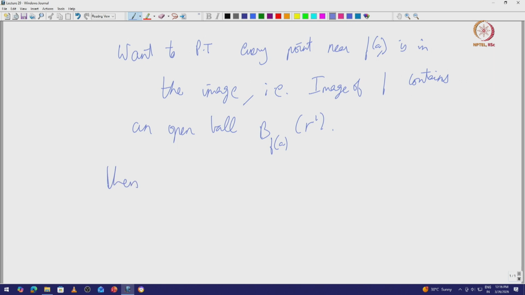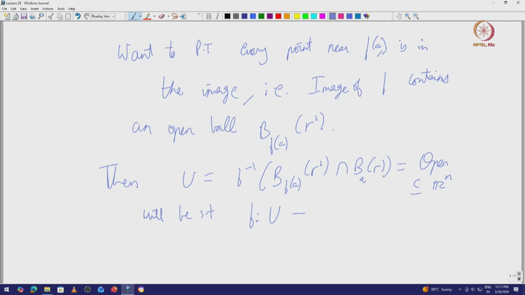Then U equals f inverse of the r' ball intersect this ball, which is an open set in R^n, will be such that f from U to this ball is 1 to 1 and onto.